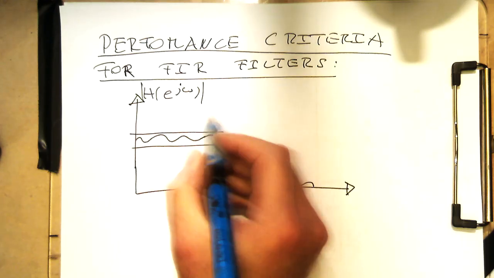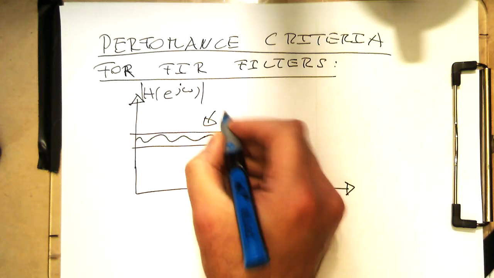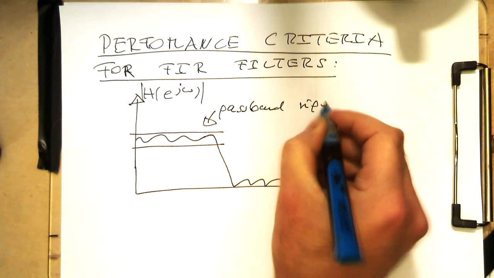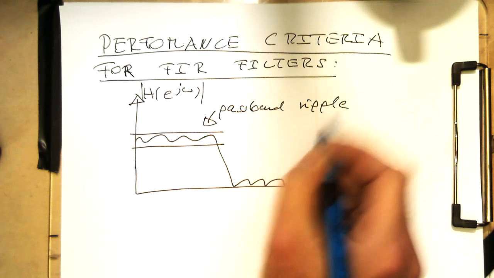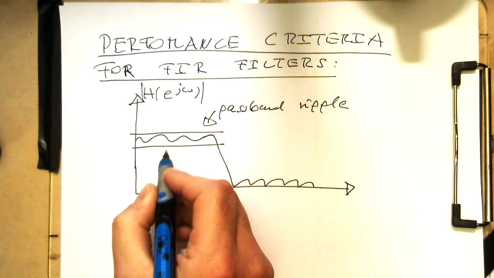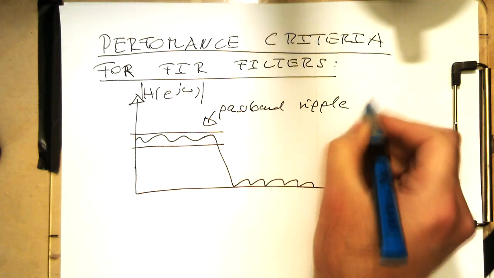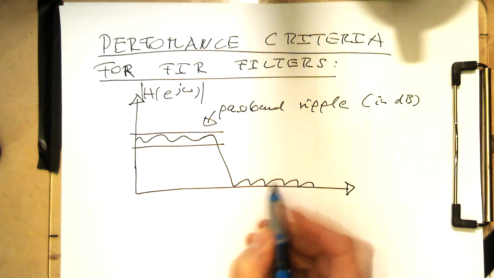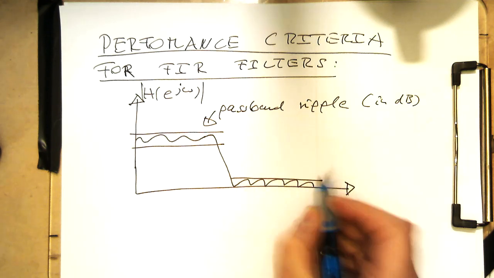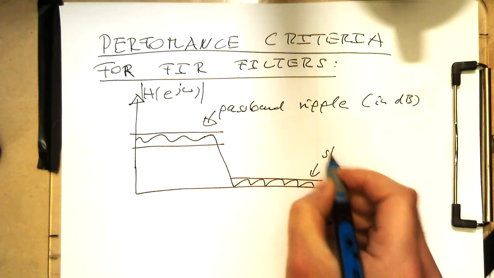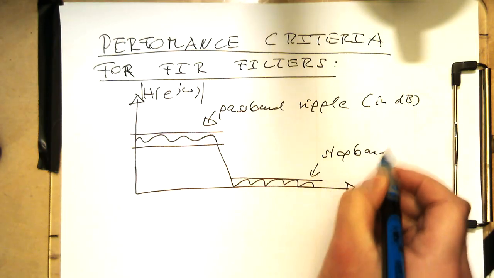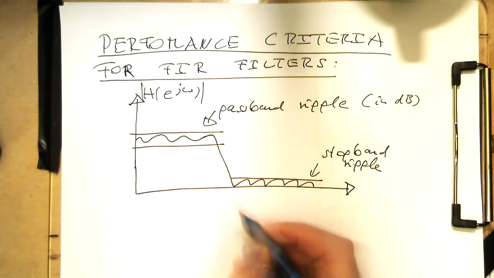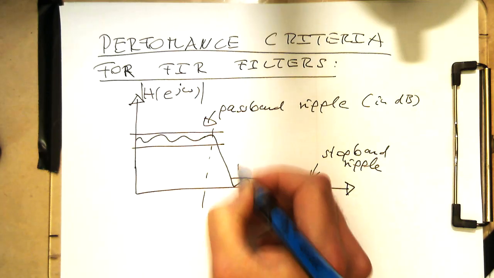So that's called the passband ripple. Again, can be also expressed as just the amplitude ratio, but usually in decibel. And then of course we have the same here. So that's a so-called stop band ripple. And then here we have the transition width.